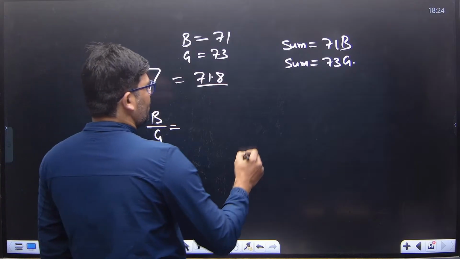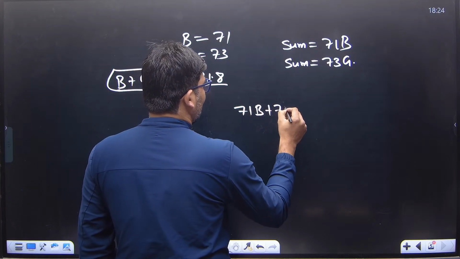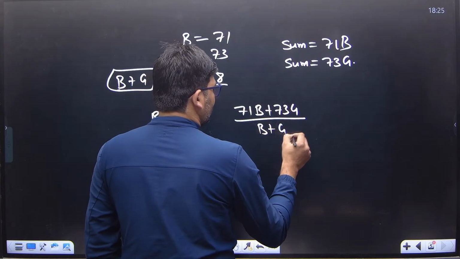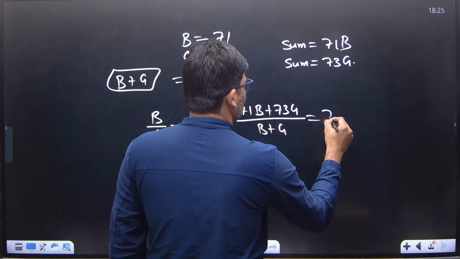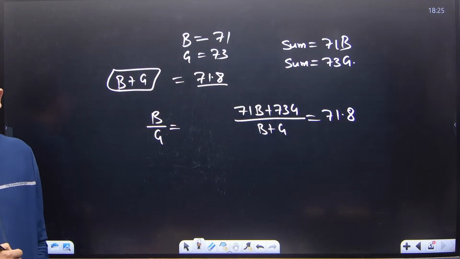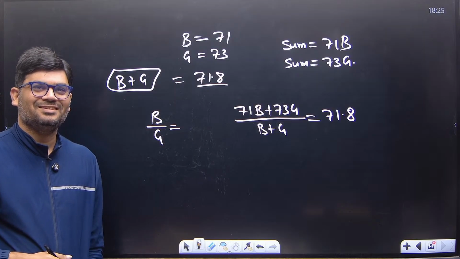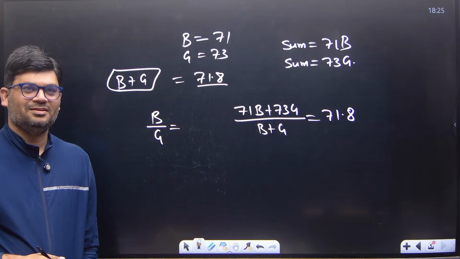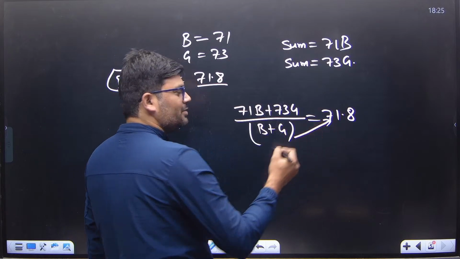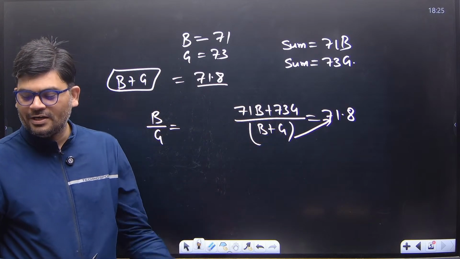So I will say that 71 times B plus 73 times G divided by B plus G is equal to 71.8. Can you complete it from here? You just need to do the cross multiplication. Take B on one side, G on one side. Find the ratio B is to G.